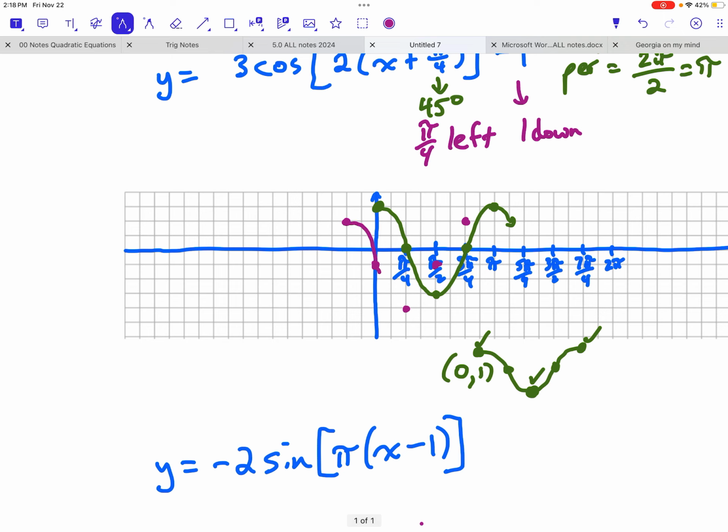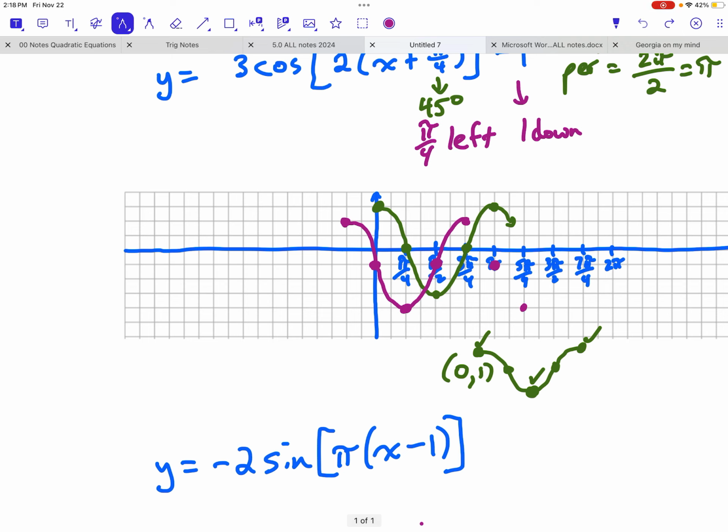So here's my picture right now. This is one full cycle. And again, if you're noticing, I like to use this language of like what happens every move. So every 2 moves to the right, we make a move. So 2 over, we're supposed to make a move, and it's going to go to the equilibrium. And then 2 over, it's going to make a move, and now we're at the minimum.